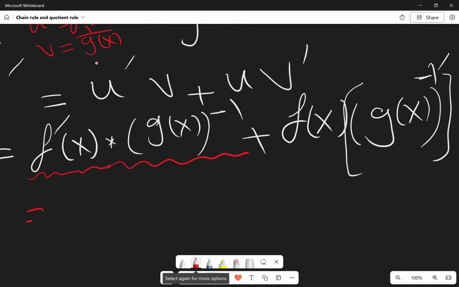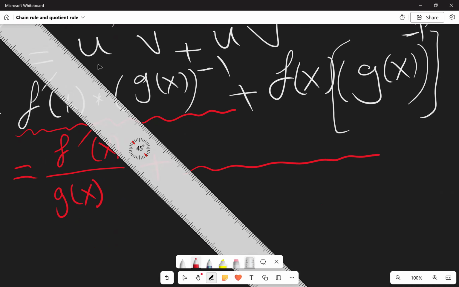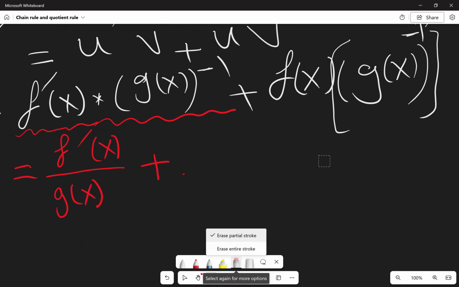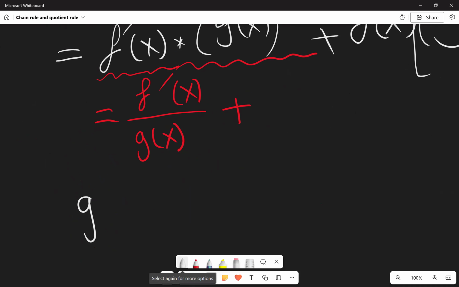But let me write it as f dash of x, and I'm gonna put the g of x in the denominator. Now plus this second term, but I want to evaluate the derivative first. I want to evaluate the derivative of g of x all to the power -1.